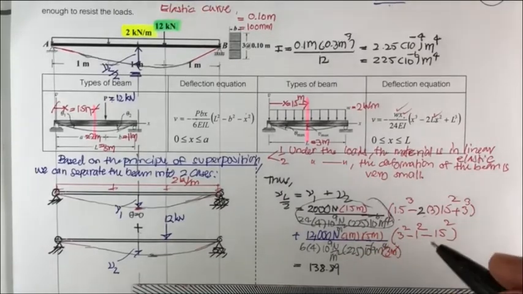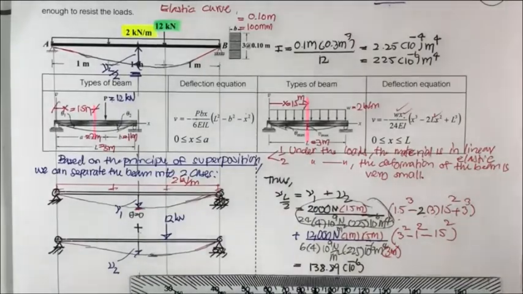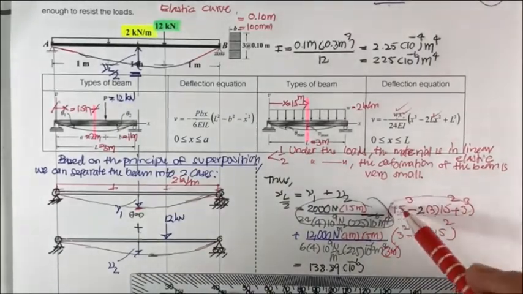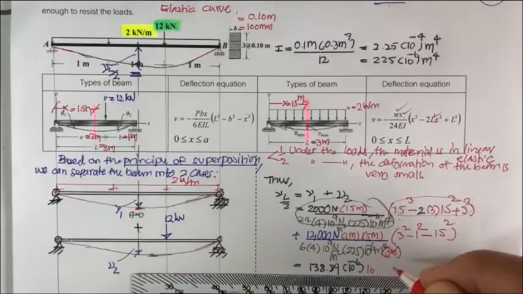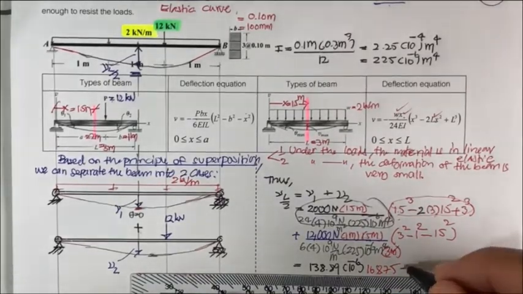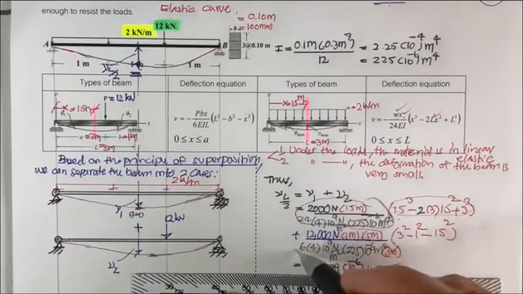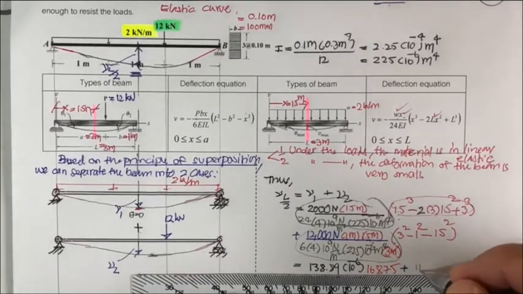How much do you get? That is going to be 10 to the minus 6. And then if you put this portion into your calculator, you will get 16.875. Okay, and then if you put this portion into your calculator, you may get this one for 1.111 times 10 to the minus 3.